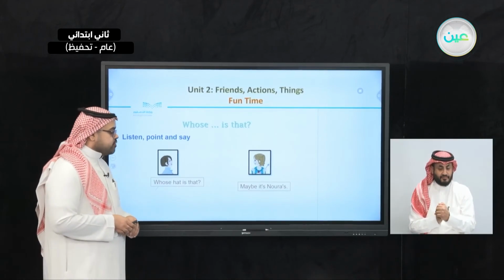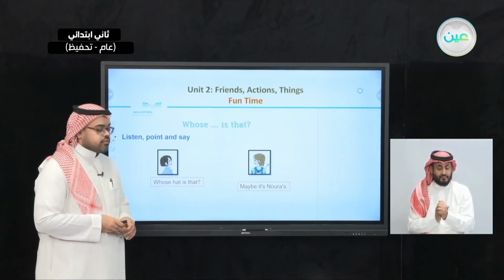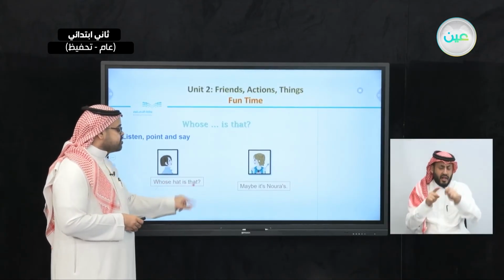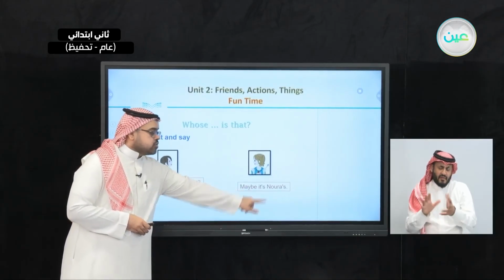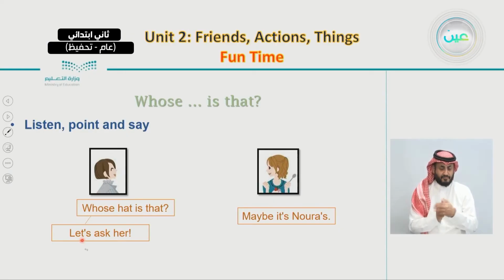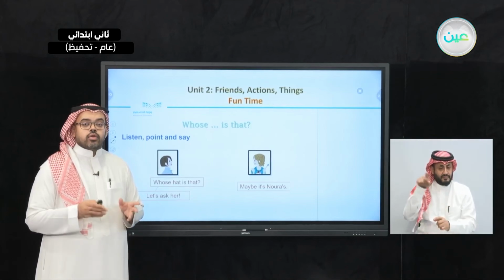So let's see this conversation. Sarah asks her friend Sabah, "Whose hat is that?" Sabah says, "Maybe it's Nora's." And Sarah said, "Let's ask her." So if you want to know who something belongs to, you can ask by saying whose.